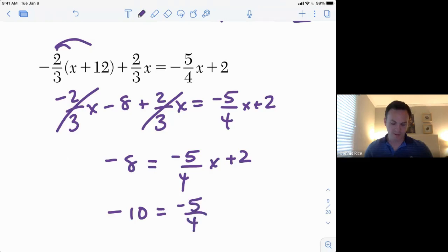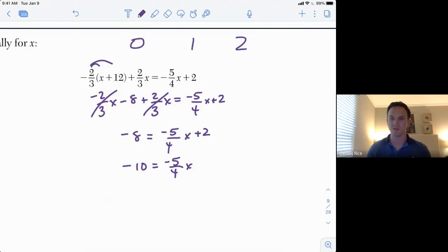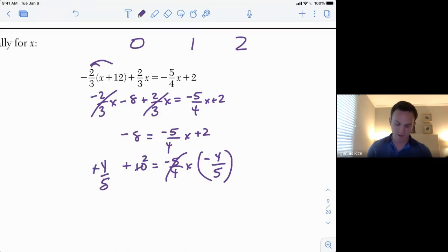And how do we get rid of fractional coefficients? Reciprocal. Good. What's the reciprocal of negative 5/4? Good, Kira. Negative 4/5. And negative 4/5 times negative 10, negative times negative. What do we got? X equals 8.